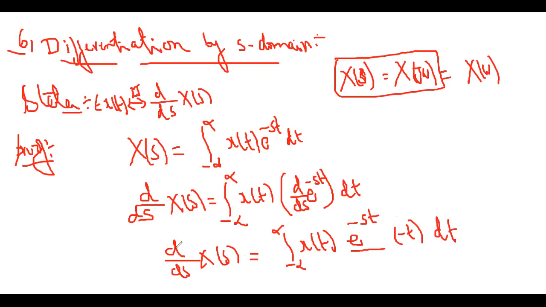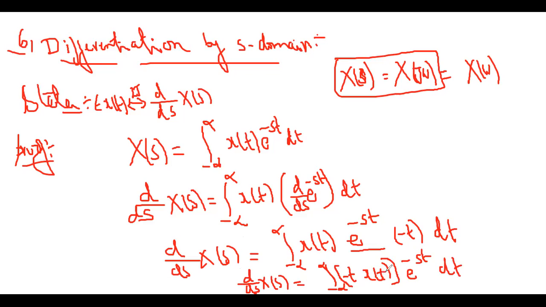You are applying the derivative with respect to s for the frequency term, and e power minus st with respect to s has the coefficient t, that is minus t. So d by ds of X of s is equal to integral from minus infinity to infinity of minus t into x of t e power minus st dt.